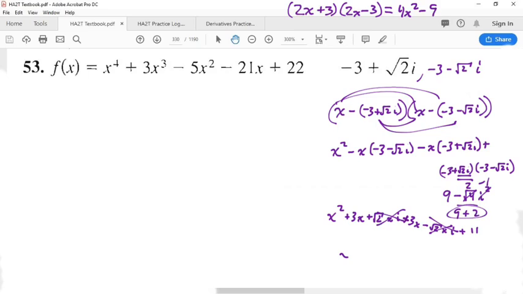Oh, x squared plus 6x plus 11. Okay, so this is a factor of this, because this is the factor that I get when I multiply the two factors with this. So what do you guys think we're going to do with this? Yeah, long division. Are you serious? This problem sucks. I hate my life.